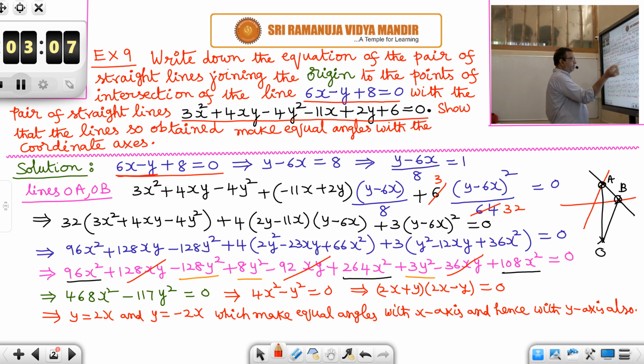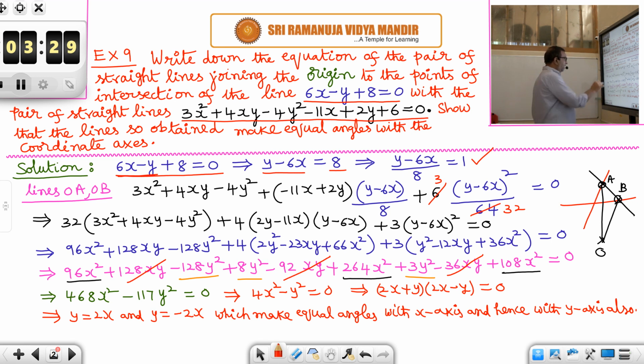If 6x minus y goes to the other side, it becomes y minus 6x. So y minus 6x equal to 8. Then divide by 8 both sides. y minus 6x by 8 is equal to 1. Now the line is ready for homogenization.